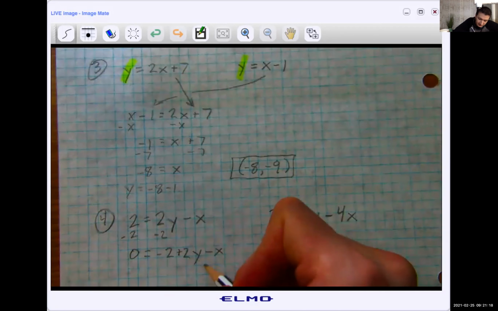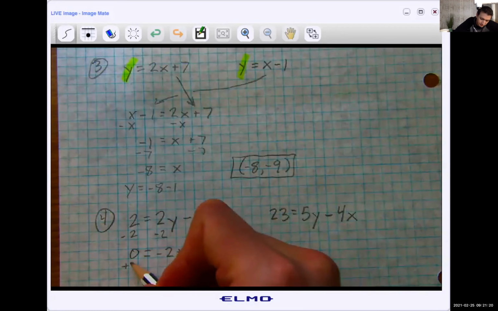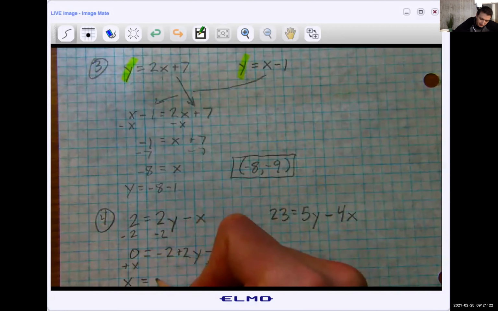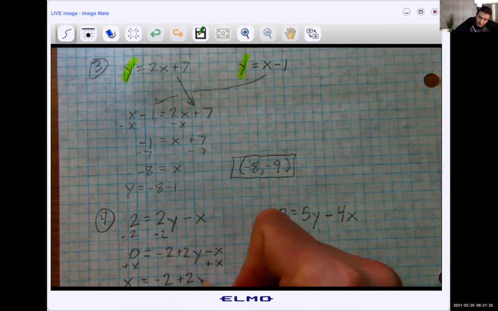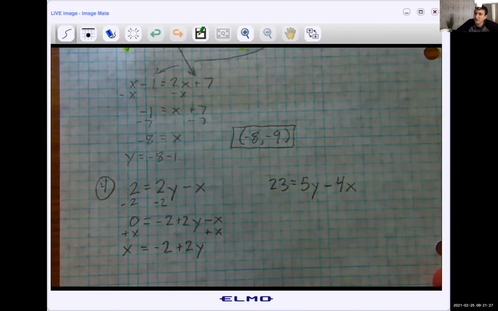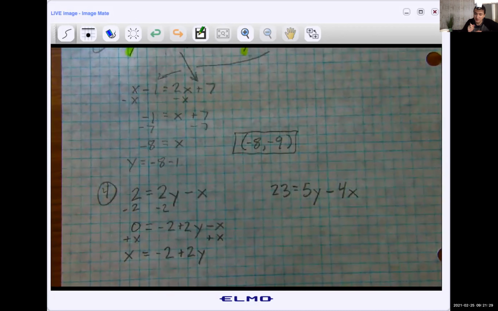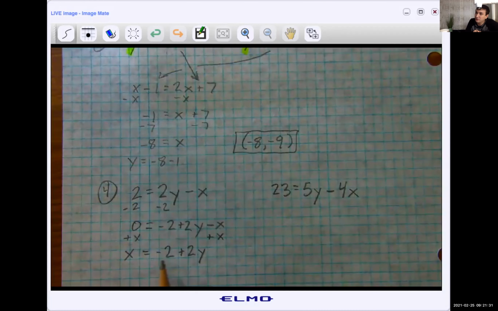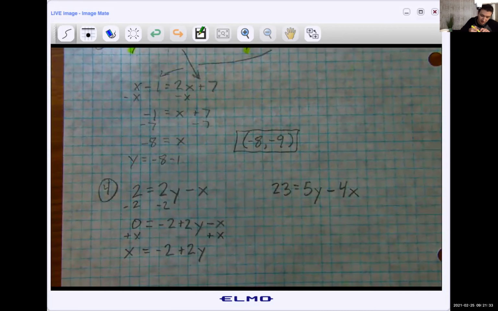And then if you add x to both sides, you have x equals -2 plus 2y. Look at that. Okay, I'm not going to help you anymore right now. I'm going to let you keep going. But see, now it's set and ready for the substitution because x is all by itself.